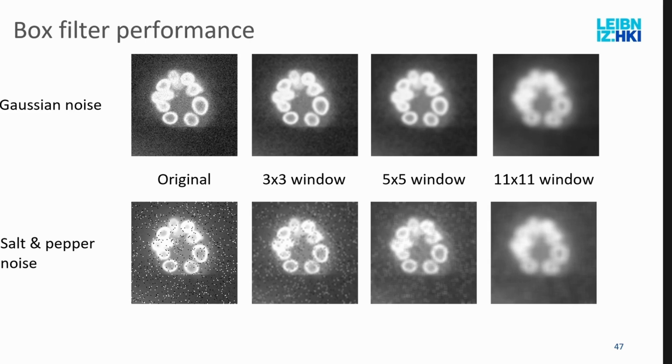For Gaussian noise, it actually works relatively well. You maybe have to cap it at 3x3. Although sometimes this softening is also useful if you are just interested in the general structure, as if you squint your eyes, then some other algorithms might be able to find it more easily than in the original.